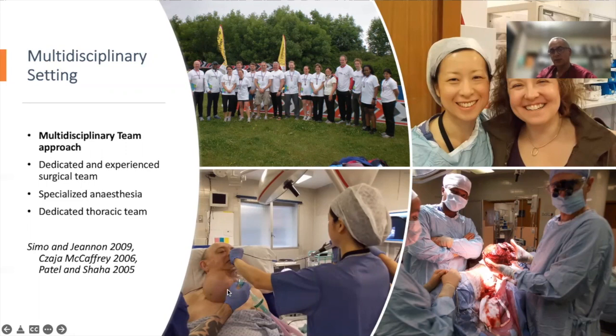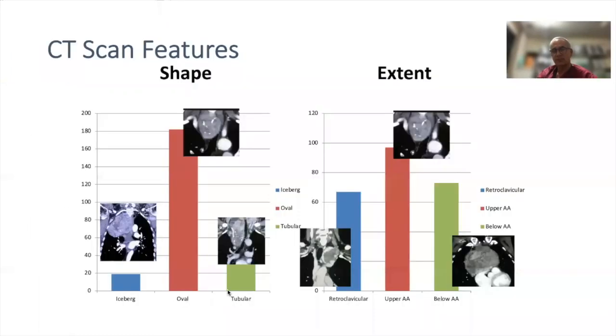So we need anesthesia, we need a dedicated thoracic team that can then do the sternotomies, and we need a full setting of endocrinologists, nuclear physicians and specialist nurses.